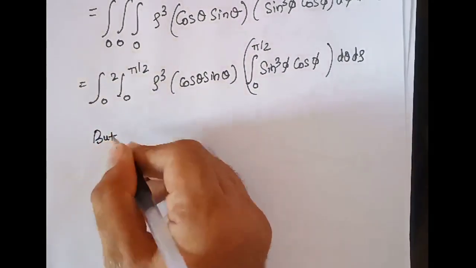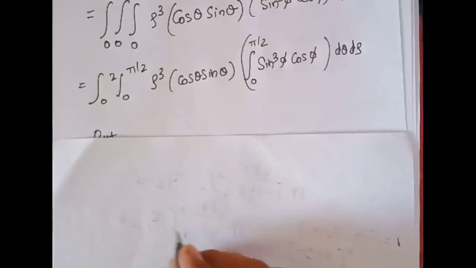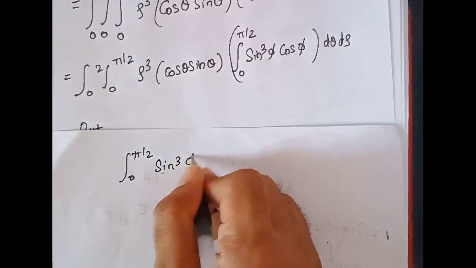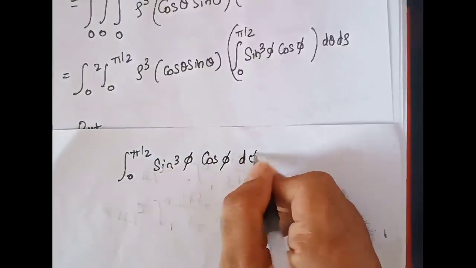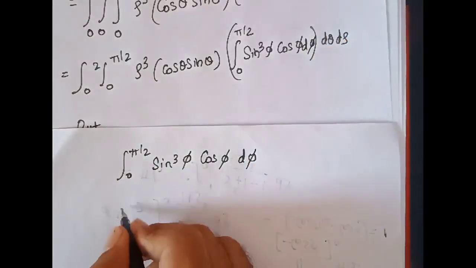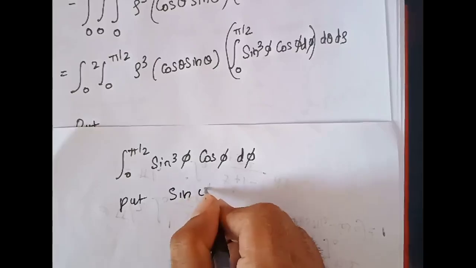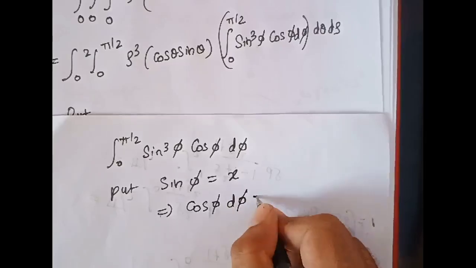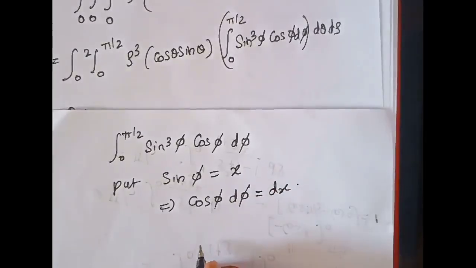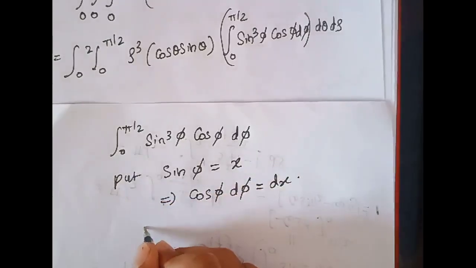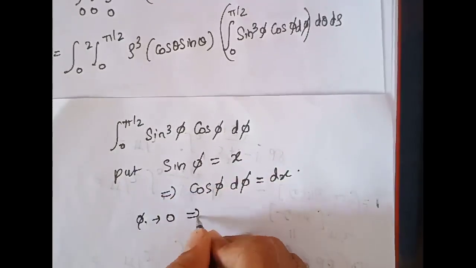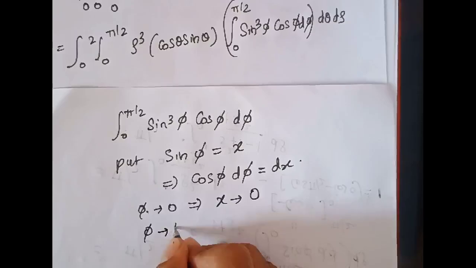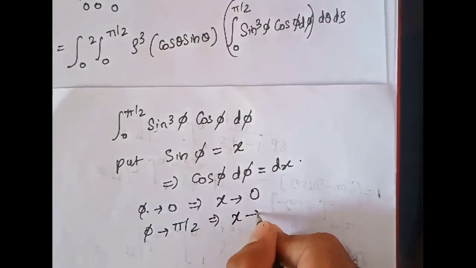Now, take the integral from 0 to pi by 2 of sine cube phi cos phi d phi. Put sine phi equal to x, that implies cos phi d phi equals dx, and then we change the limits. When phi goes to 0, x goes to 0, and when phi goes to pi by 2, x goes to 1.